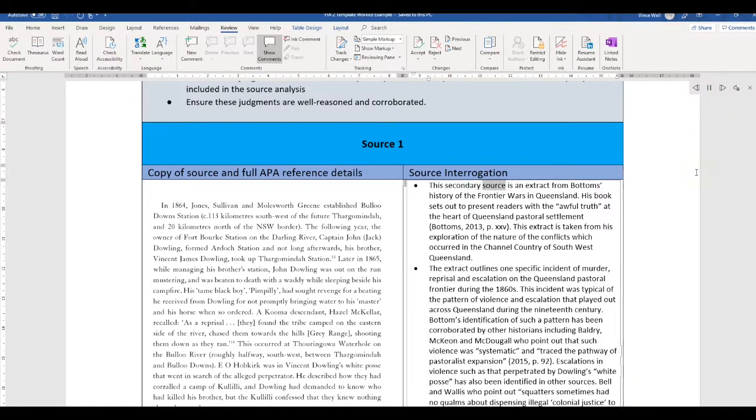This secondary source is an extract from Bottom's History of the Frontier Wars in Queensland. His book sets out to present readers with awful truth at the heart of Queensland pastoral settlement. Bottoms, 2013, pXXV.